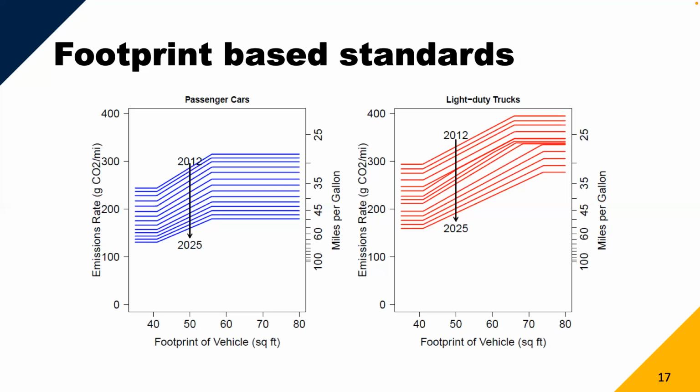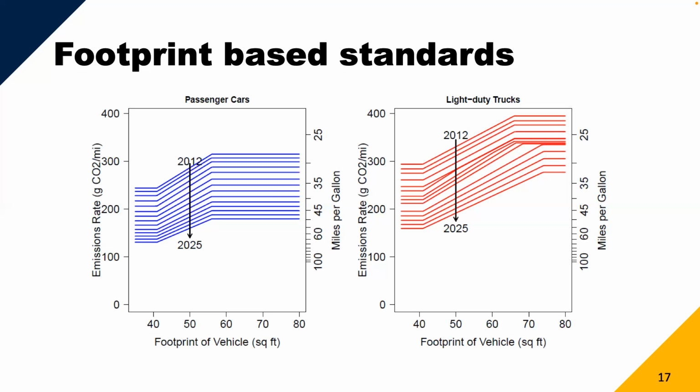So there's this idea that certain automakers make smaller cars, certain automakers make larger cars. We don't want to penalize certain automakers because of the types of cars that they produce. And therefore, automakers will have a different standard based off of the footprint of their vehicle.